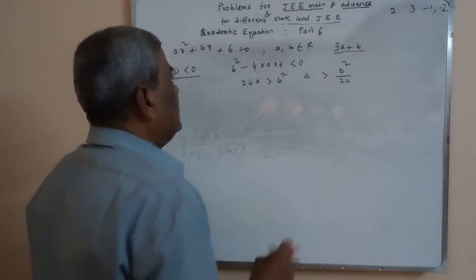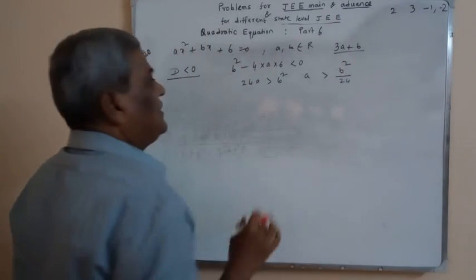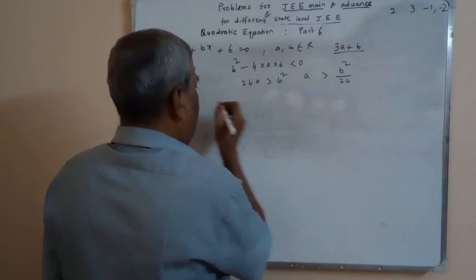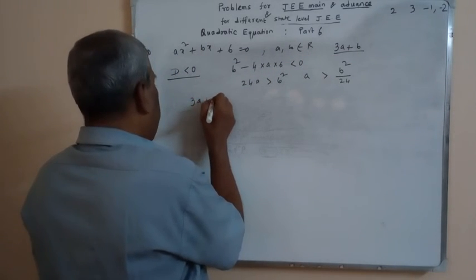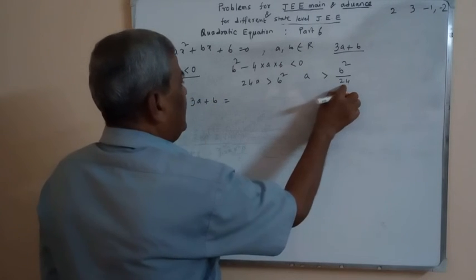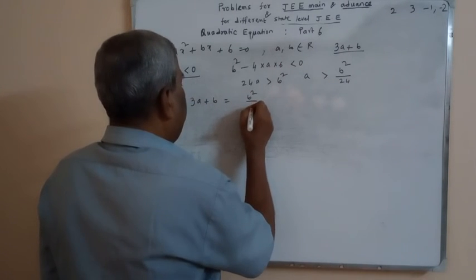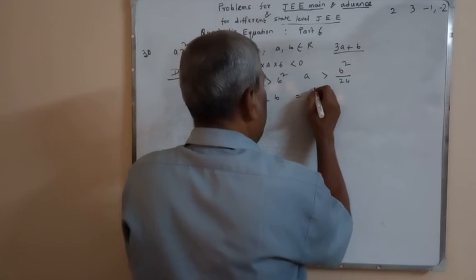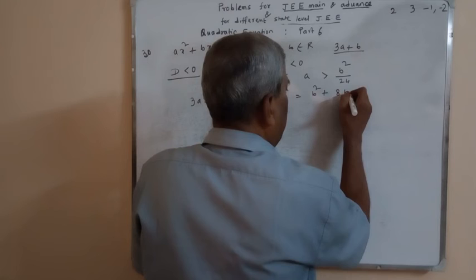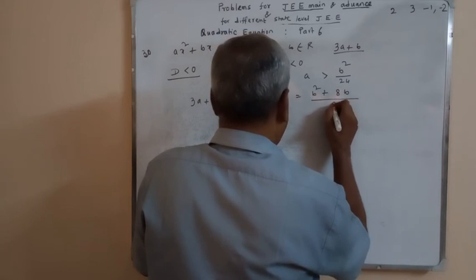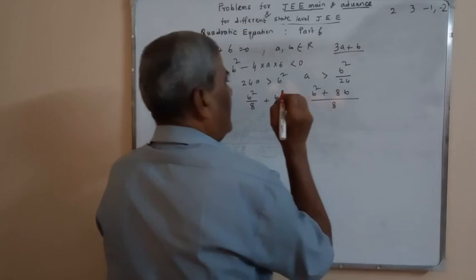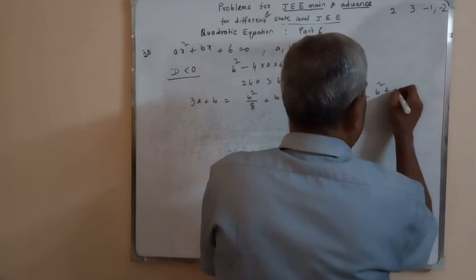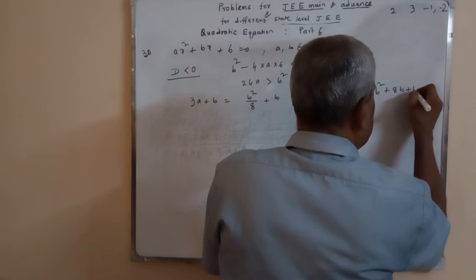Now we have to find the least value of 3a plus b. Using the value of a from here, 3a plus b is equal to 3 into b square by 8 plus b, which is b square plus 8b by 8, which is b square plus 8b plus 16.